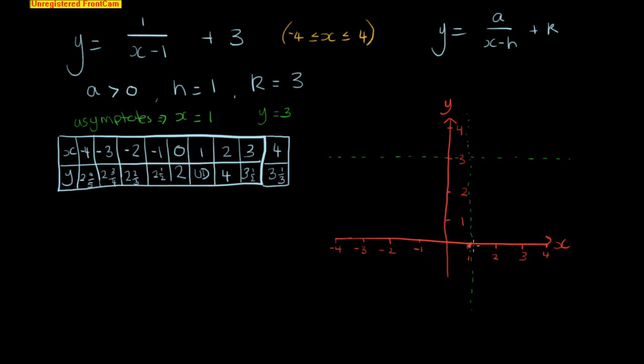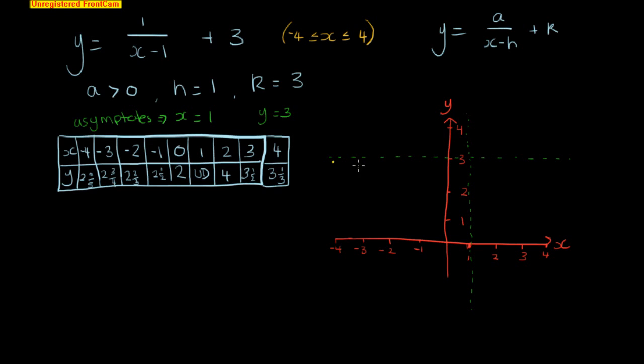At x equals negative 4, y is 2 and 4 fifths, so it's nearly 3. At negative 3, y is 2 and 3 quarters, again nearly 3.